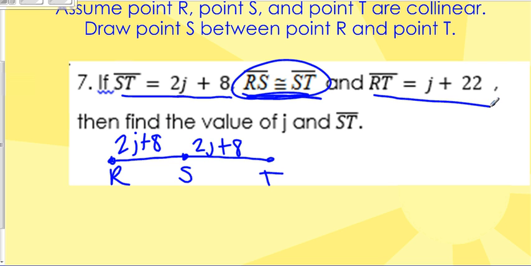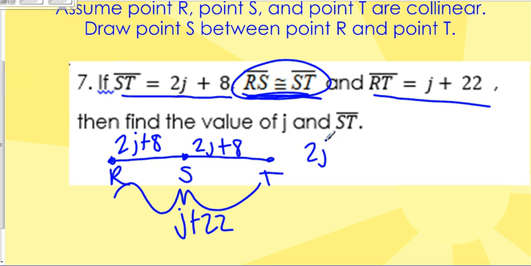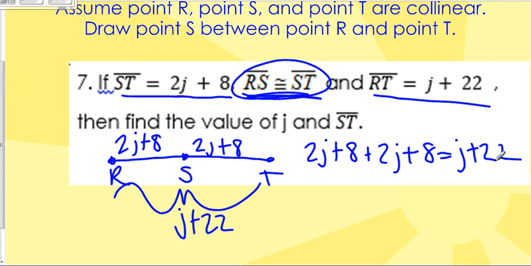And that R to T is j plus 22. Again, we're going to do part plus part equals whole. So I'm going to have 2j plus 8 plus 2j plus 8 equals j plus 22. So that gives us 4j plus 16 equals j plus 22.